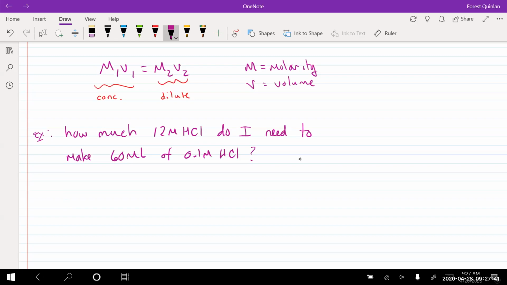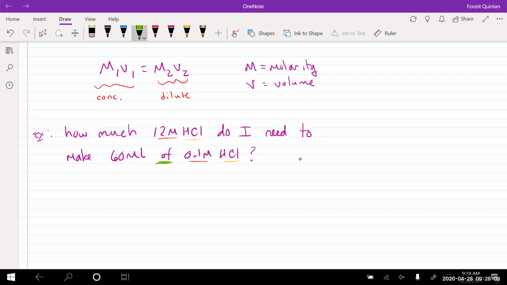Sometimes you will have the word concentrated or diluted in the prompt, but even more telling is the fact that there is no reaction. We're going from HCl to HCl. There's no reaction here. We're basically just taking it from a big number to a small number. That's it.